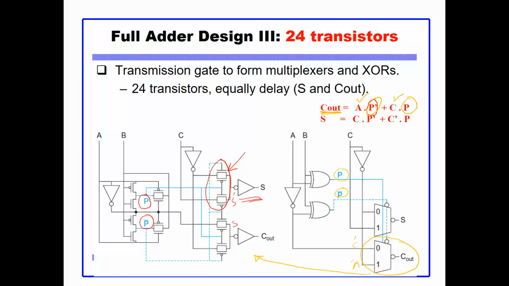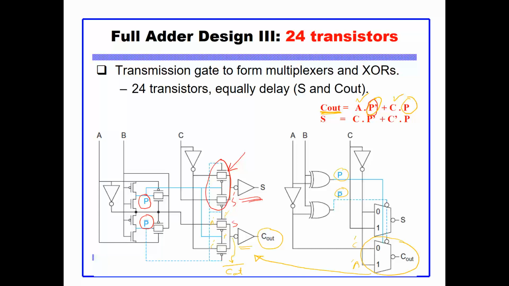This is the transistor level. You can see here clearly the P prime and the P here, and going inside here you will see the A prime and the C prime. Okay, so at this point what you have is the C out prime, and then after the inverter the C out.